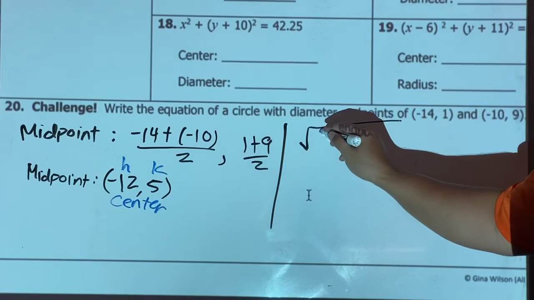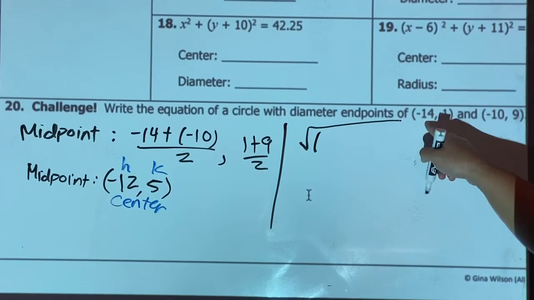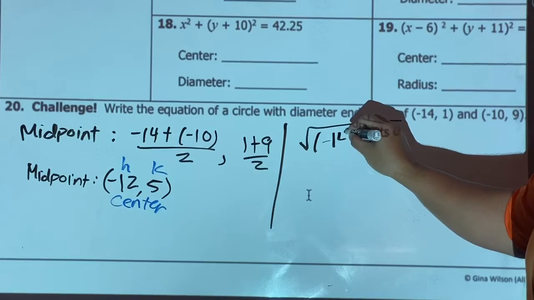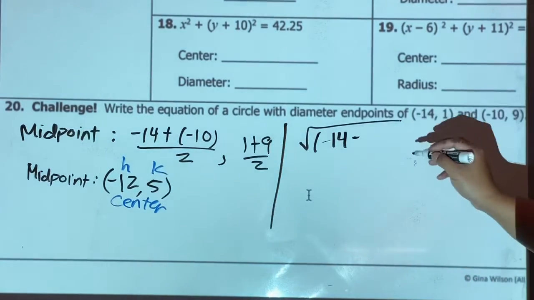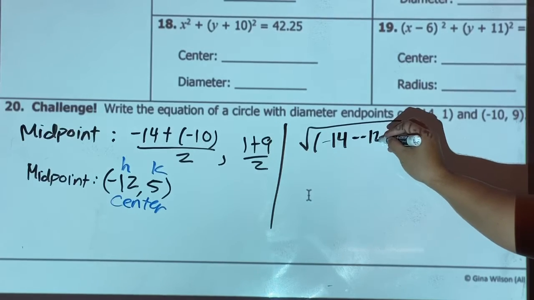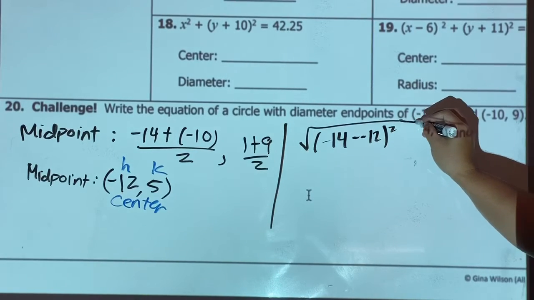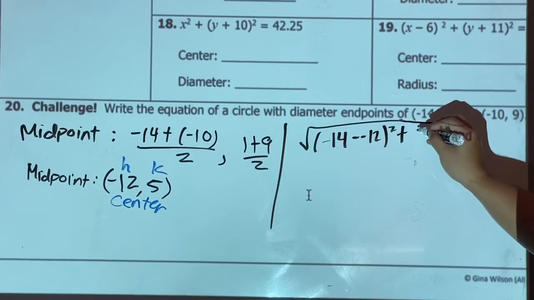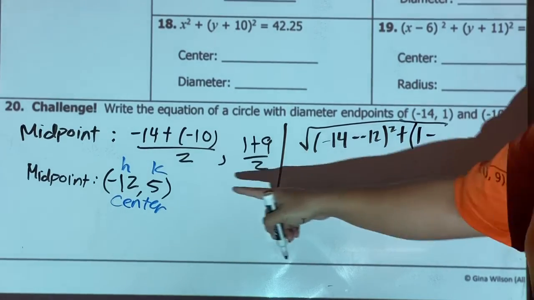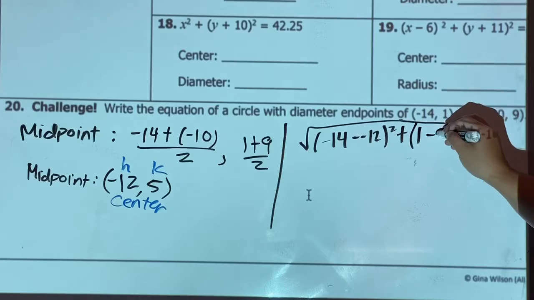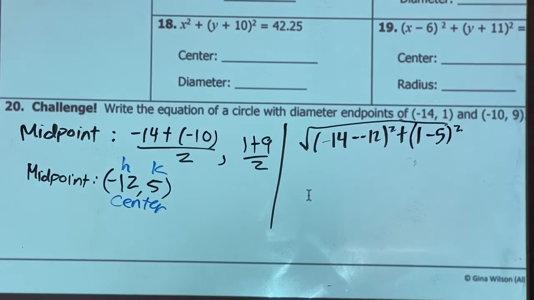When I set this up, it's going to be x1, which is negative 14, minus x2, which is negative 12, squared, plus y1, which is 1, minus y2, which is 5, squared.